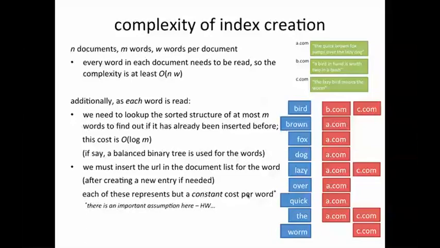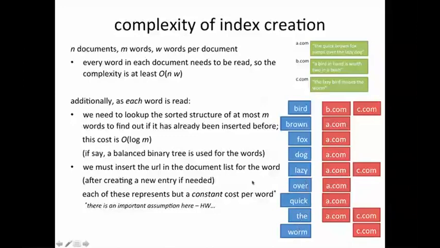Now we claim that each of these is just a constant cost per word. Obviously, the second part, which is inserting a blank entry for a word like worm with just one fresh document, is clearly a constant cost once we know where to insert the word worm.